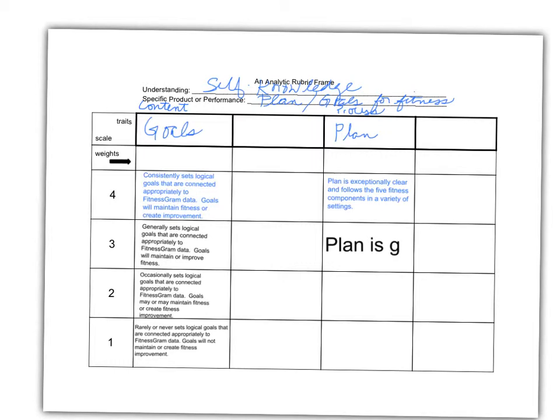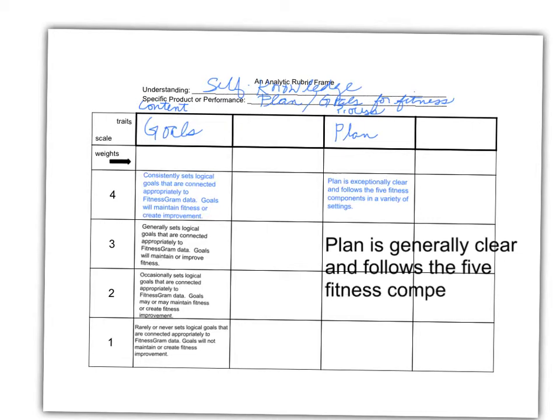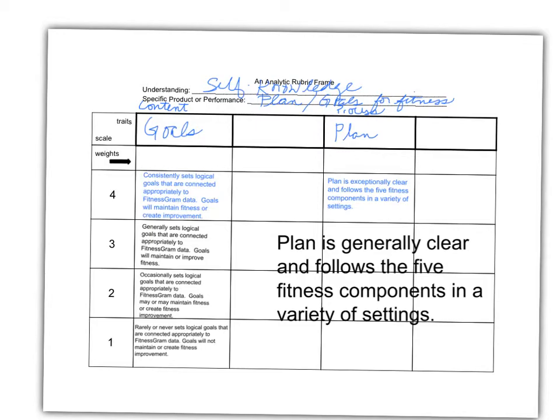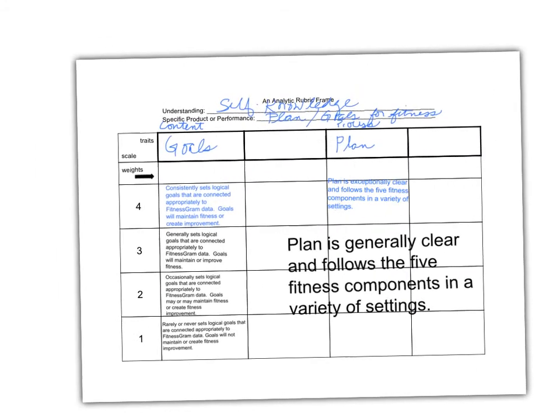Plan is generally clear and follows the 5 fitness components in a variety of settings. So this is where the kids know what they're talking about. They maybe just didn't choose the best way to say it, but they still have everything there that they need to have.